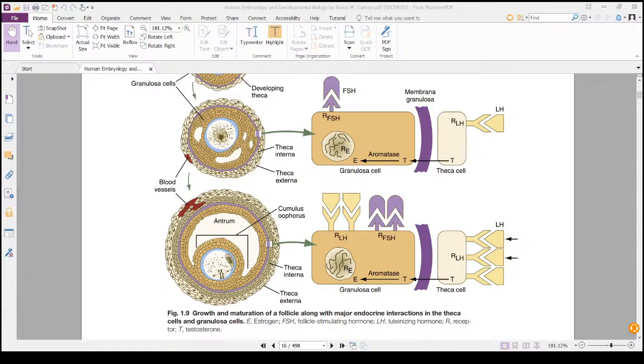Now this estrogen leaves the follicle and exerts its effects on the rest of the body, making secondary female characteristics come: breast development, less hair on the body, a less hoarse voice.